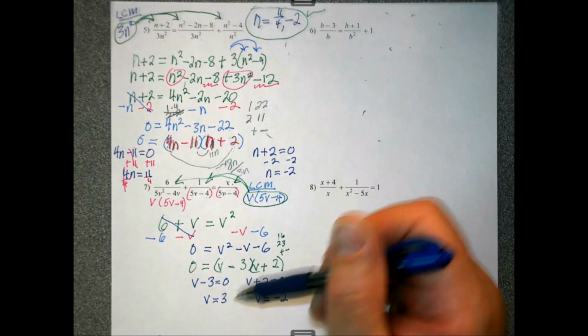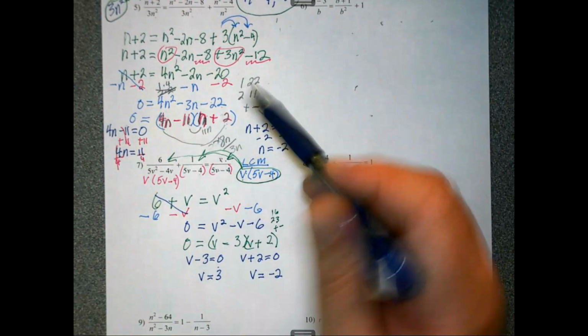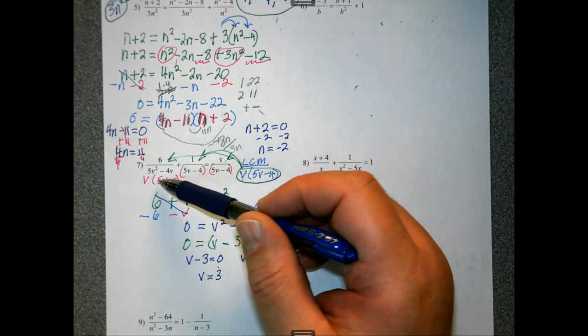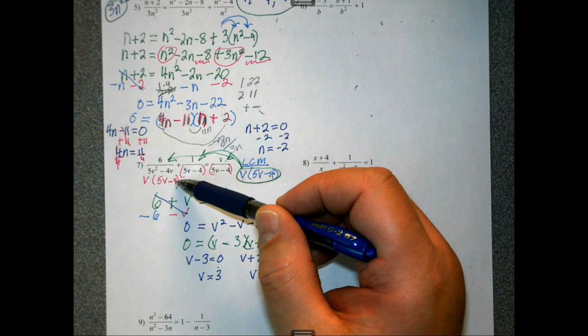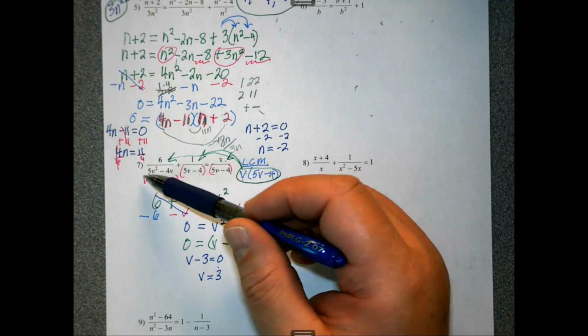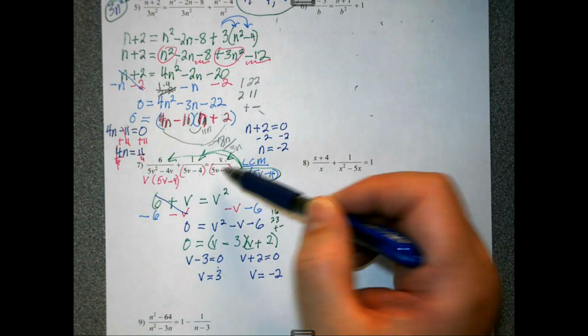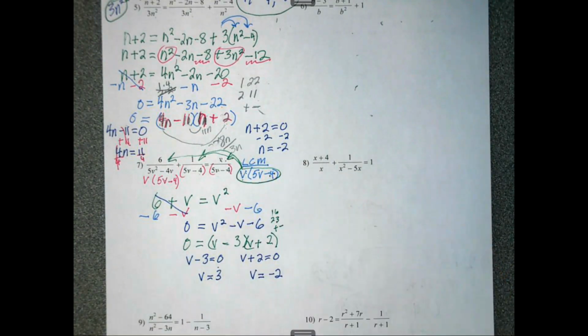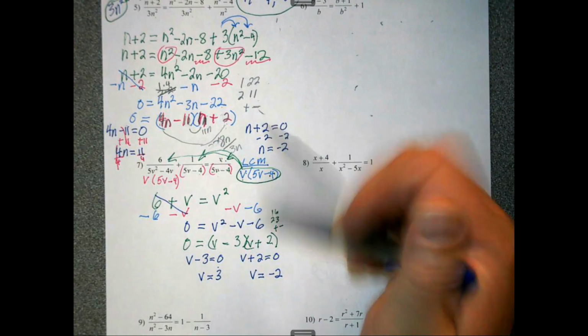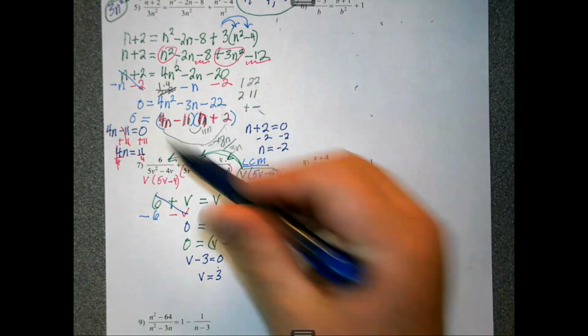Okay, let's check the 3. 5v, so 5 times 3 is 15, minus 4 is 11. 11 times 3 is 33, so this is 11, that's 11, so v is going to check. Let's try negative 2.